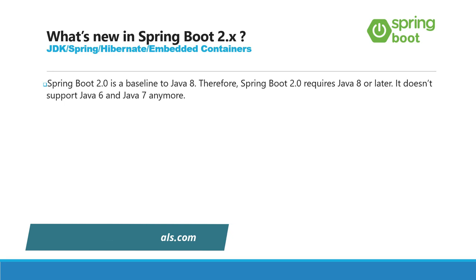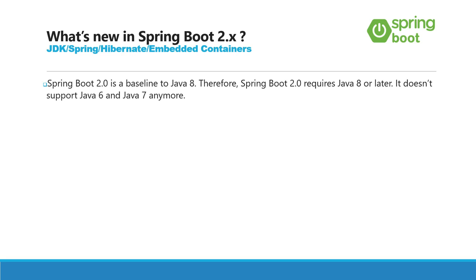That means if you are using Spring Boot 2, it requires a minimum of Java 8 or a later version. It doesn't support versions prior to JDK 1.8 or Java 8. If you want to use Java 6 or Java 7 with Spring Boot 2, you can't. So this is the first upgrade with respect to Java.